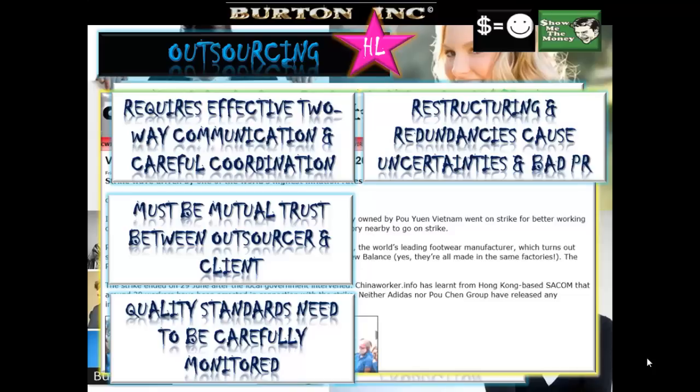But even if there is a lot of trust, the quality standards still need to be carefully monitored by the organisation. And any sort of restructuring, any sort of redundancies are going to cause uncertainties, which is going to affect employee motivation. And it's basically bad PR. Anytime a business lays off a lot of workers, bad publicity for that organisation.